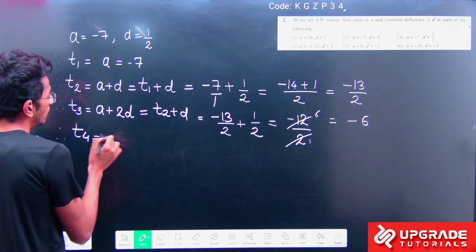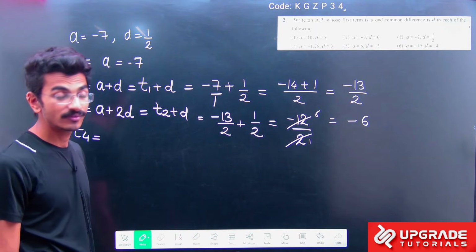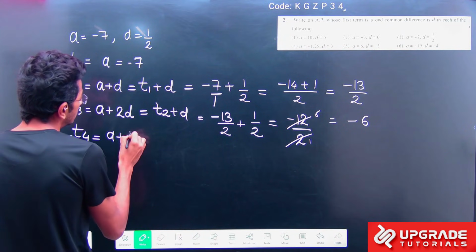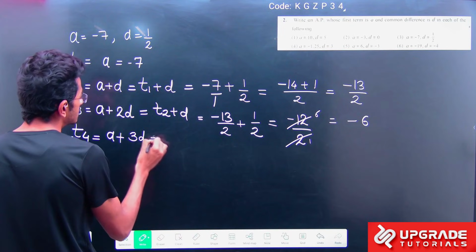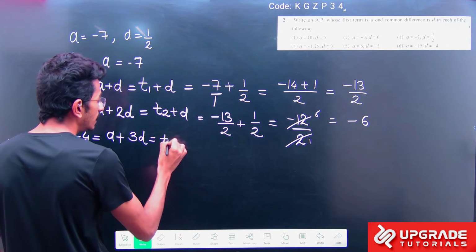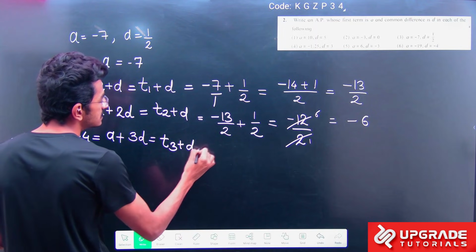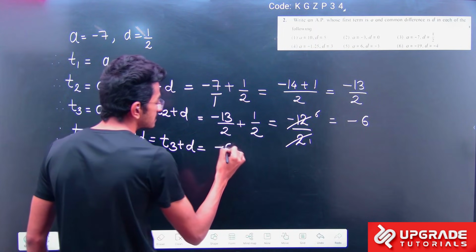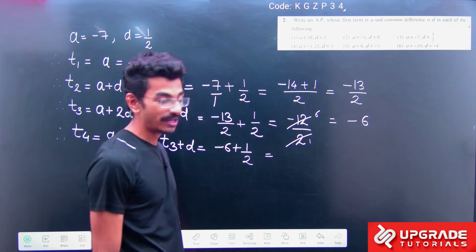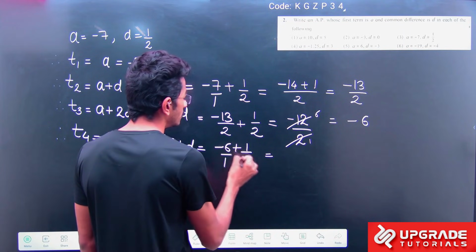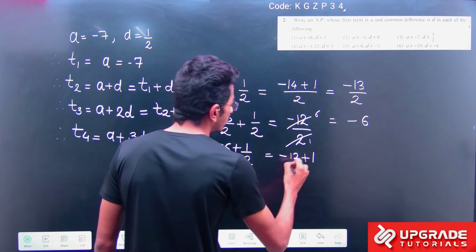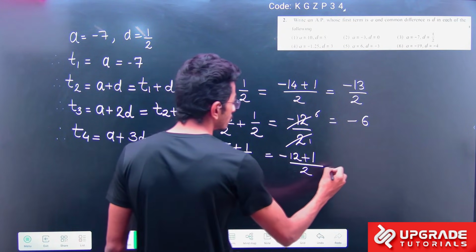What will be the formula of T4? Yes, it will be A plus 3D. Just add 1 D. In other terms, the formula will be T3 plus D. What is T3? Minus 6. What is D? 1 upon 2. So just cross multiply. 6 into 2 is minus 12 plus 1 into 1 is 1, and 2 into 1 is 2.